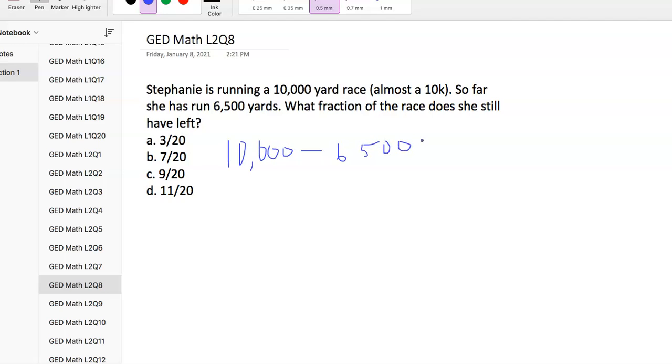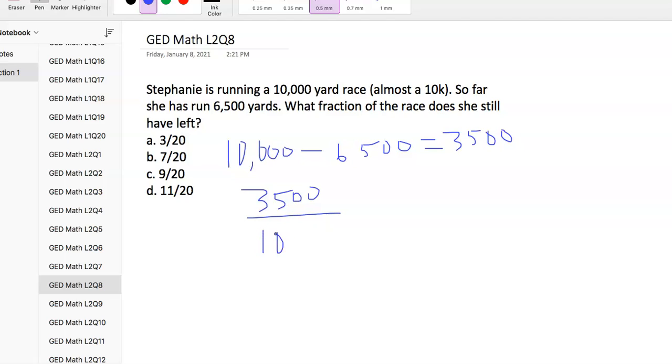If we subtract that out, that equals 3,500 yards left. Unfortunately, we haven't answered the question yet. We know we have 3,500 yards left, but they want this as a fraction. So we have 3,500 left, divided by the total race.